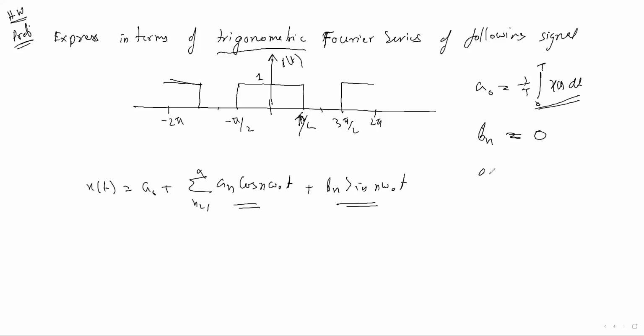Just find the an value. How can you find an? By taking the integration from t naught to t naught plus T of xt cos n omega naught t dt. Just solve this to find the an value.